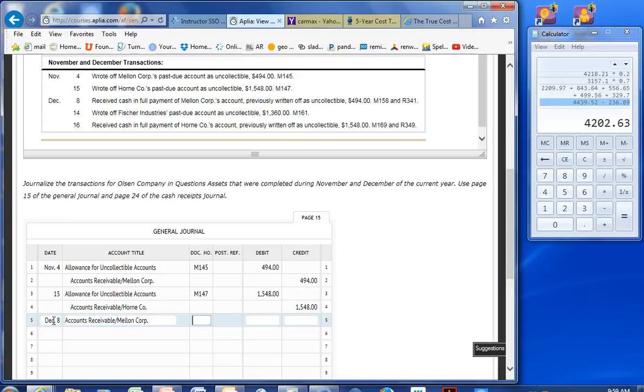Let's see, that one is memorandum 158, 494. Allowance, see how we're taking it, we're putting it into accounts receivable and taking it out of allowance for uncollectible accounts. We previously put it into allowance for uncollectible accounts. Now we're taking it out.